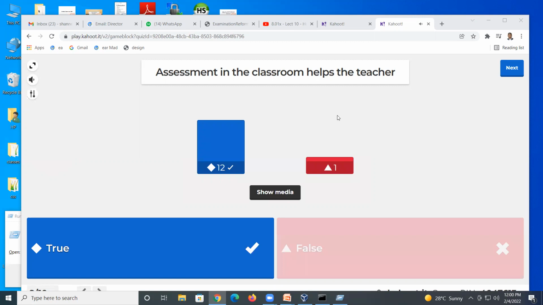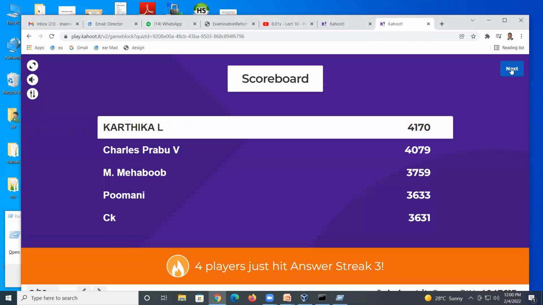Fine, all say true. Assessment helps the teacher; it is not only helping the student. Very nice. Next one, the last question.